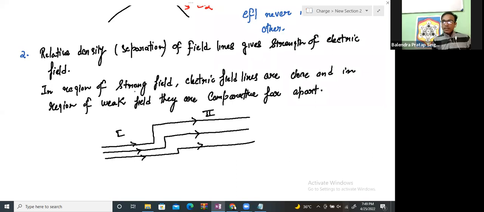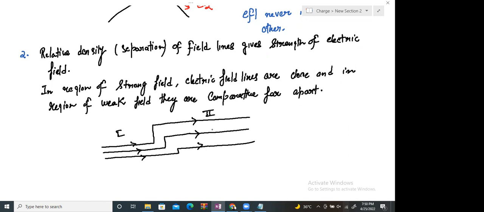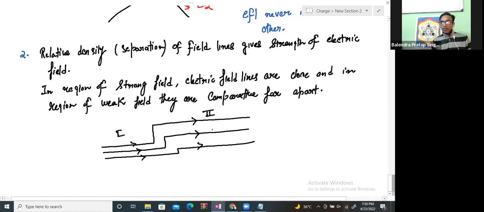Can you tell me, Hishima, which region has a strong electric field? Take a look at this statement and give me the answer. Region 1 or region 2? Yes, the first region has a strong electric field because, as I wrote in my statement, the lines are very close to each other; they are more dense.